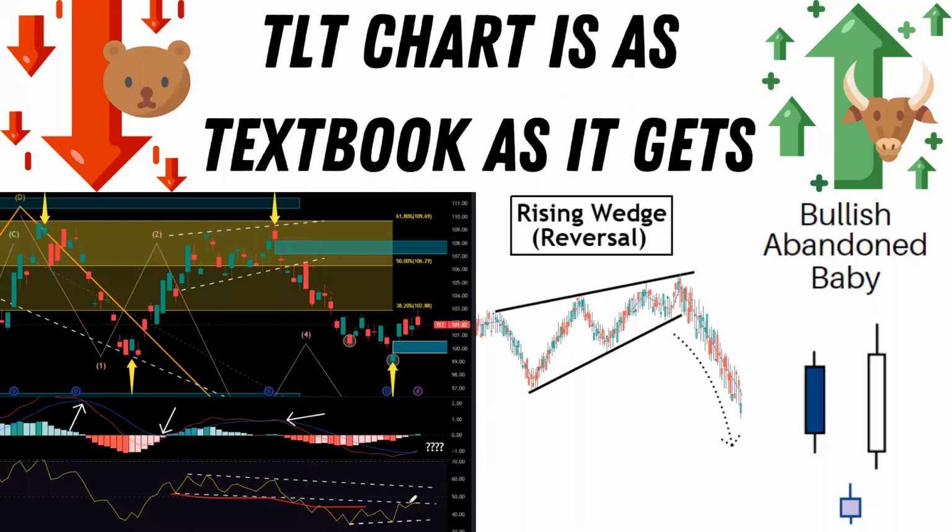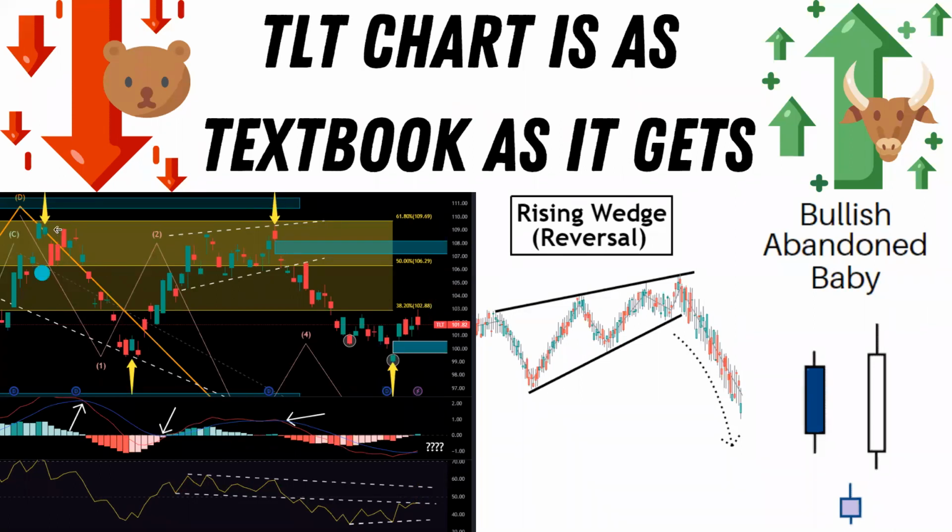And so we broke through that level and we've come back and retested it again. And then we're retesting it again right now. So the more times you test the trend line, the weaker it gets. But it's been a pretty strong trend line that we've been rejecting. So we definitely need to be cautious here if you're trying to go long, and look to see if we're going to be able to break through this divergence trend line and continue this uptrend. 102.88 is still a really big resistance level that we need to get above when it comes to TLT.